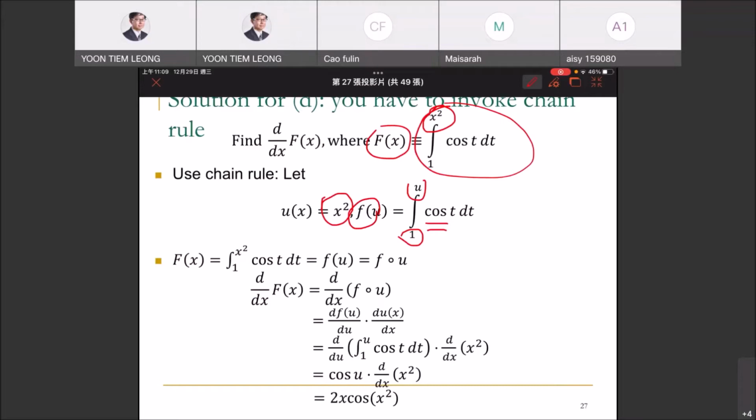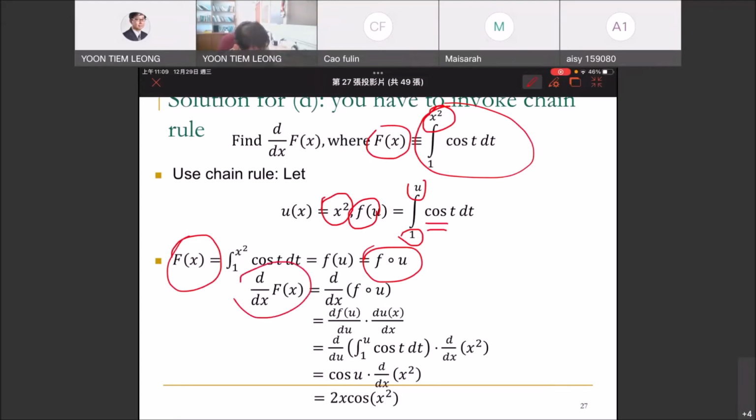Once you define your u to be x squared and f of u to be the integral of cos t from a constant to u, then straightforwardly you will be able to see that the capital function F that you want to differentiate can be decomposed into f composed with u.